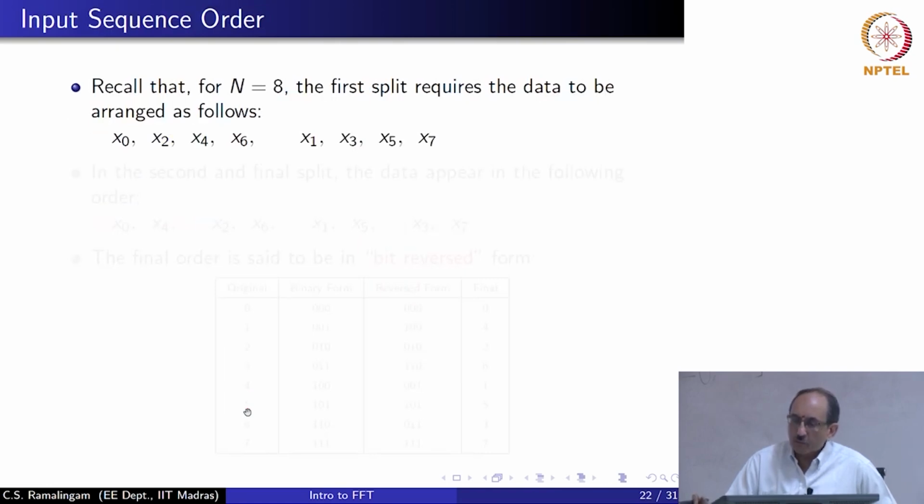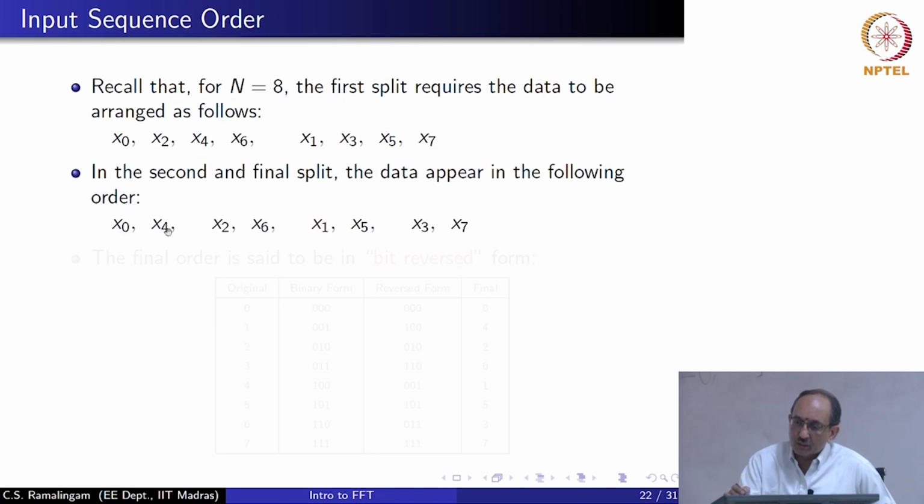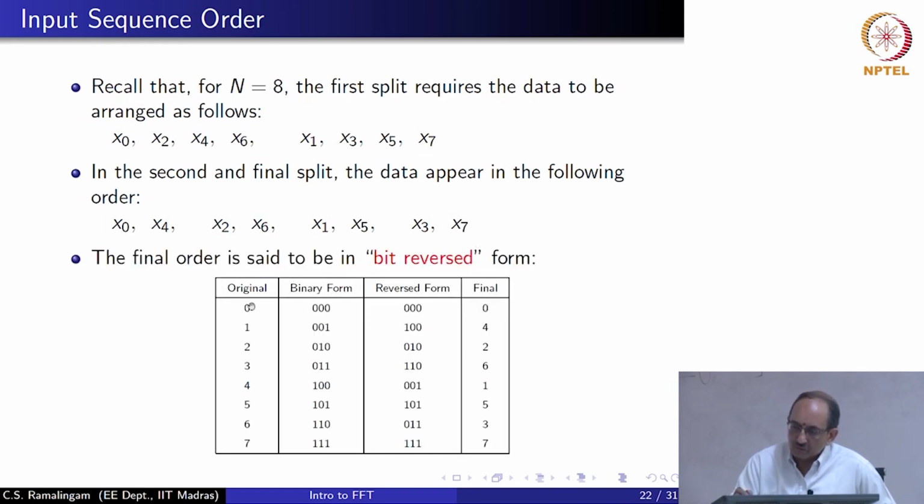And the input sequence, first half was x 0, 2, 4, 6, the indices, and then 1, 3, 5, 7, and then further when you divided this into its odd and even indices, it became 0, 4, 2, 6 and 1, 5, 3, 7. Alright. Now let us look at that pattern. So this is the original index in decimal.